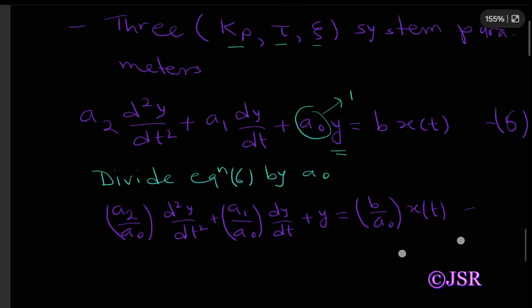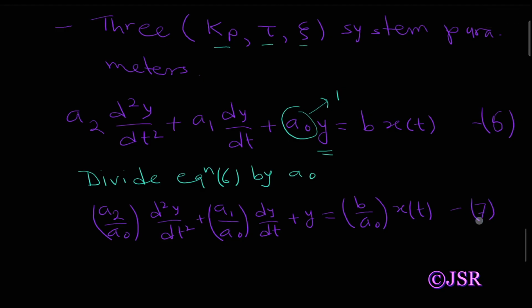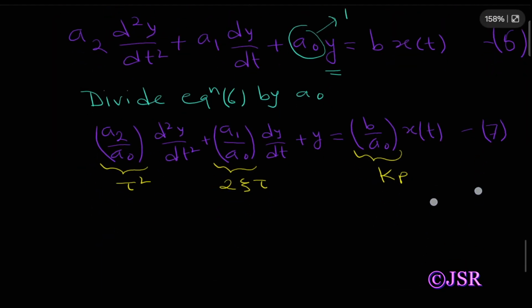So this is equation number 7. So here this will be process gain, this will be tau square, and this will be 2 zeta tau.